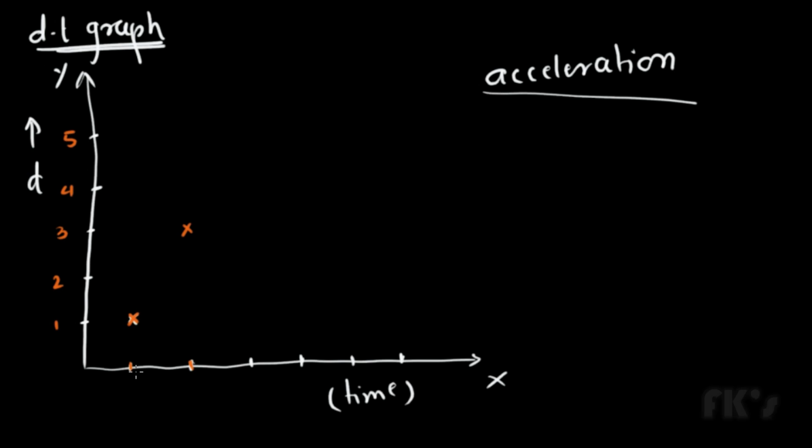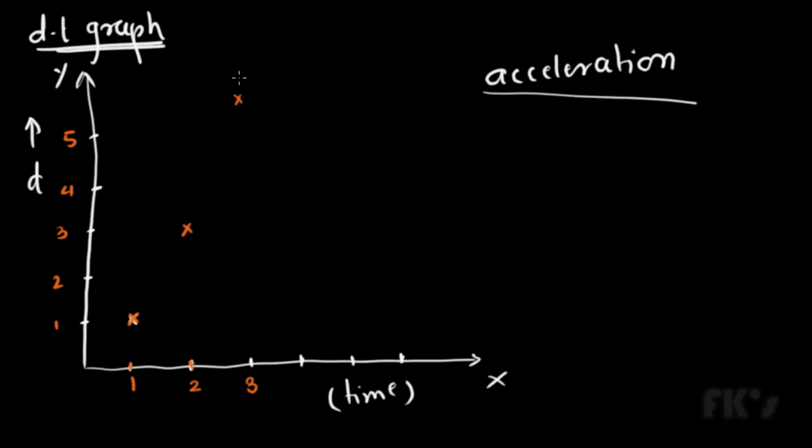At the end of 1 second, it had traveled 1 meter. In the second second, it traveled 2 meters, so it has traveled 3 meters in 2 seconds. In the third second, it will be traveling more than 2 meters, so somewhere beyond this particular point.